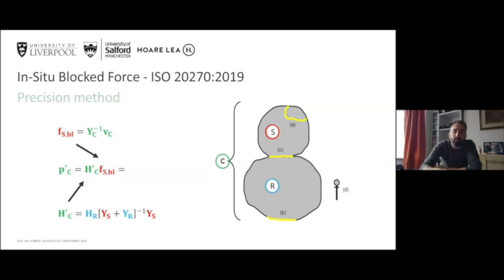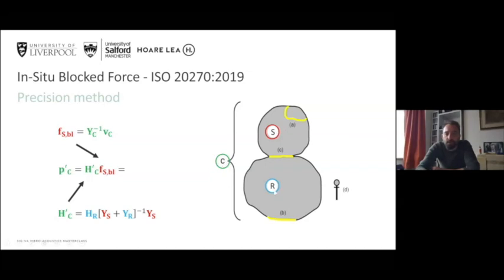The basic premise of the method is that we have a vibration source, which we're calling S here, and a receiver structure R. This could be an engine, for example. The receiver could be a plate or a car or a test bench or a train, whatever. When the source and receiver are combined together, we refer to that combined system as C, the coupled assembly.